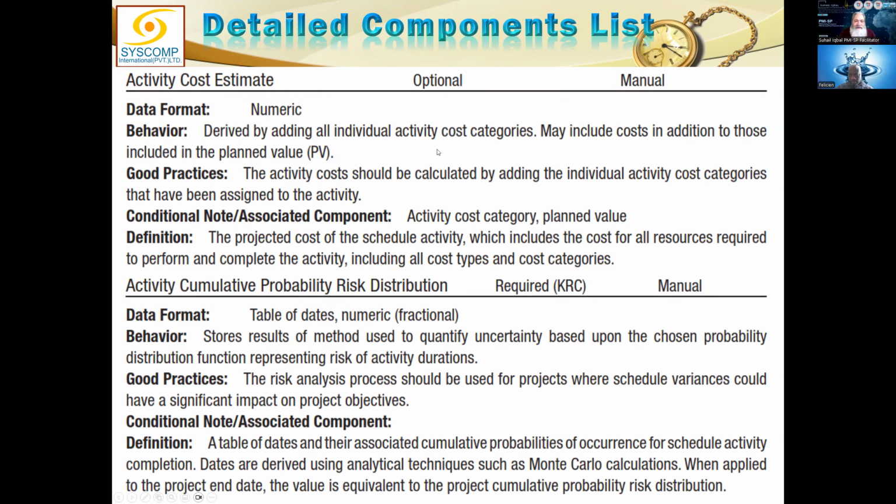Anyway, what I'm trying to show you here is that you are now able to interpret these charts. There are 107 different tables available in the standard. I suggest that you download the practice standard for scheduling and go through it, and you will find it interesting.